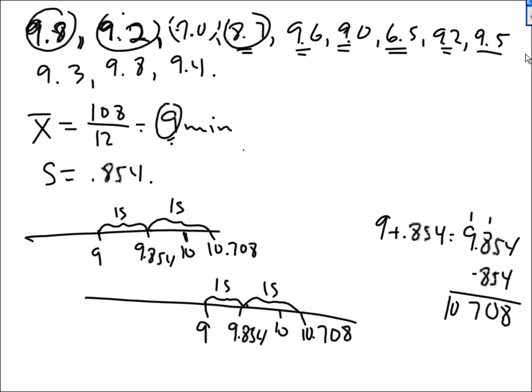Chebyshev will tell you that you have at least 1 minus 1 over 2 squared, which is 75%, of being within 2 standard deviations. Okay, it's fairly common to be within 2 standard deviations.